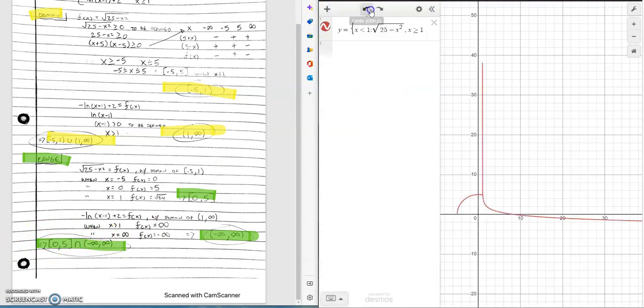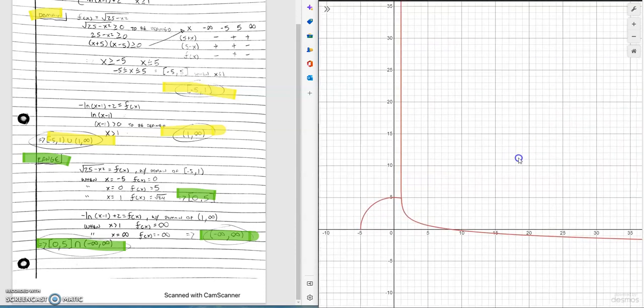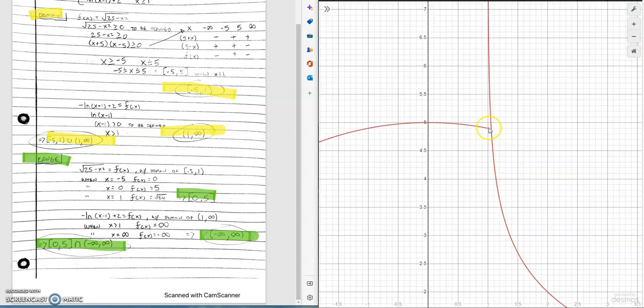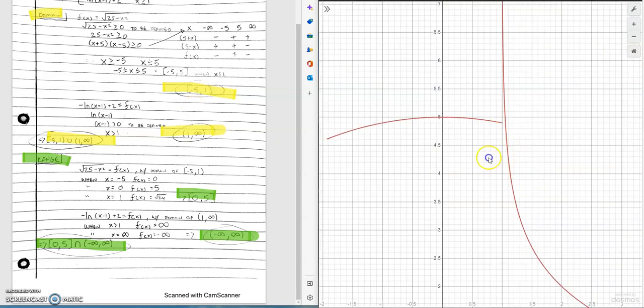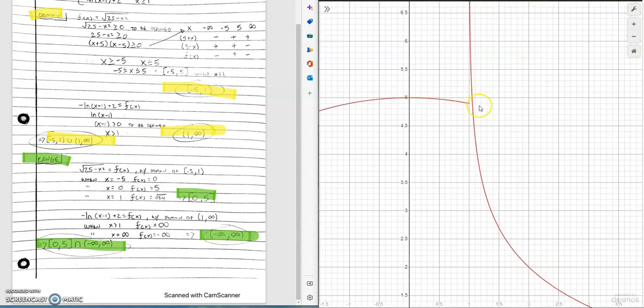Plugging that equation into Desmos per the instructions looks like this, and gives us a cool little graph that kind of looks like a wave if you squint at it the right way. You notice the first function goes from negative 5 to 1, as we found out here.